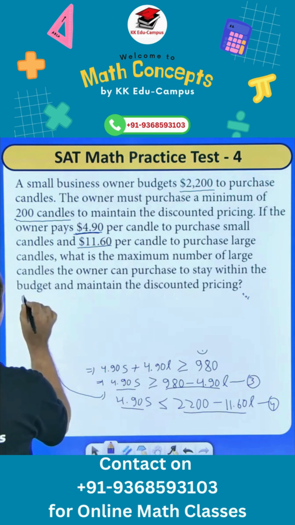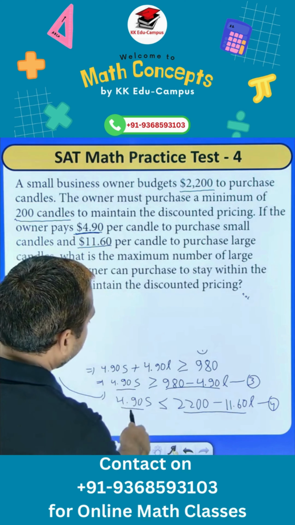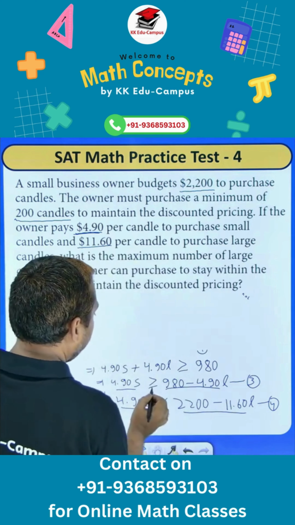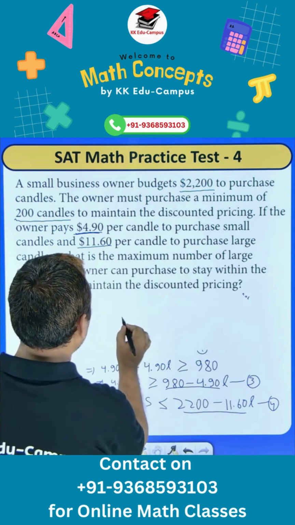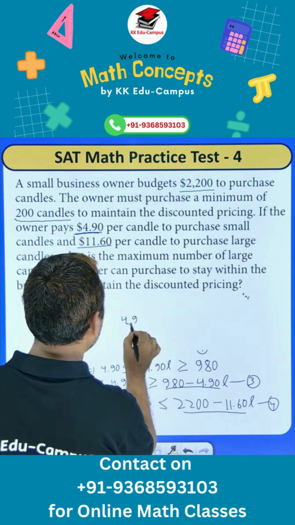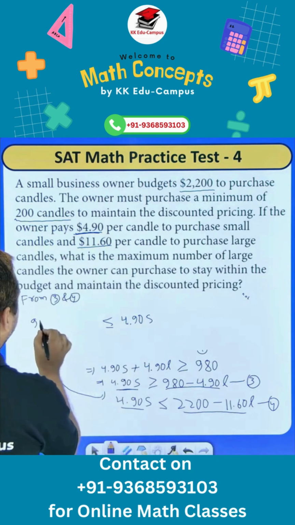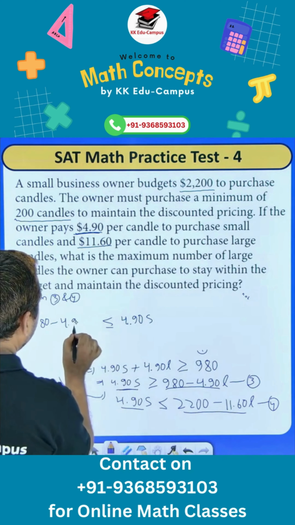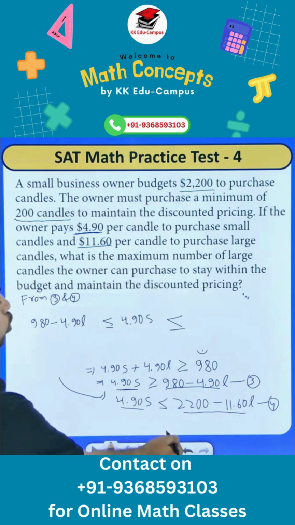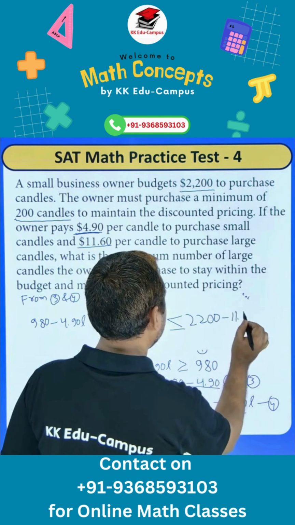We are replacing 4.90 S because we have to get the value of L. So in the center you write 4.90 S, which is greater than or equal to 980 minus 4.90 L, and also less than or equal to, from inequality 4, 2,200 minus 11.60 L.